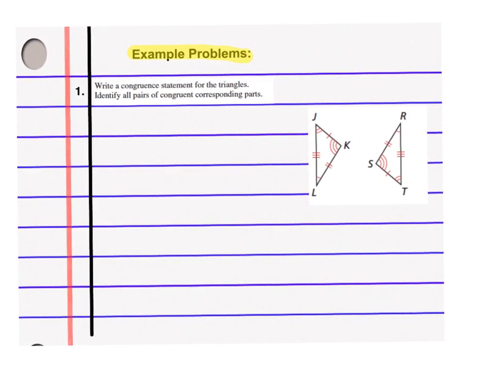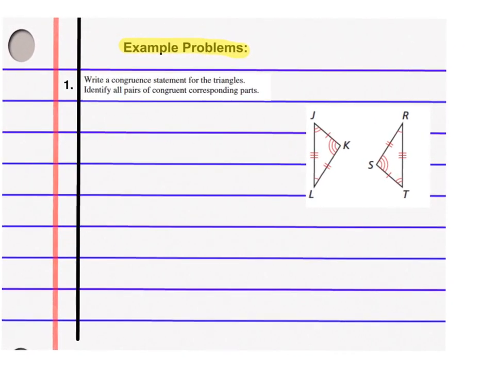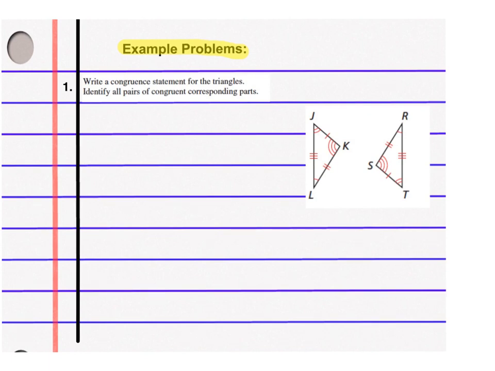All right, example problems. Write a congruent statement for the triangles. Identify all pairs of congruent and corresponding parts. So we're going to have 6 things. I'm going to start with the angles. Angle L right here in red, 1 tick mark, is congruent to angle R. How do I know that?